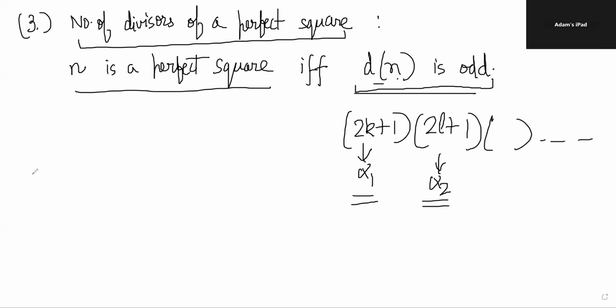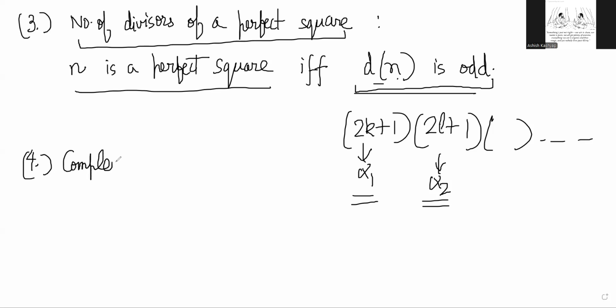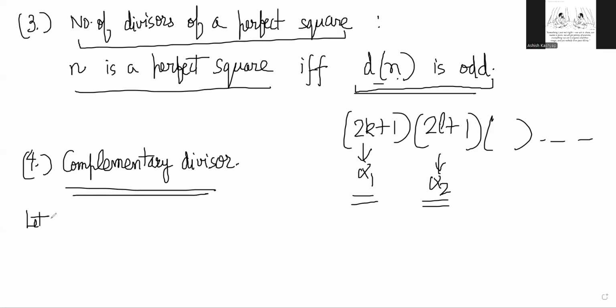And the next point is complementary divisor. So we'll discuss what that means. Let n be a positive integer.